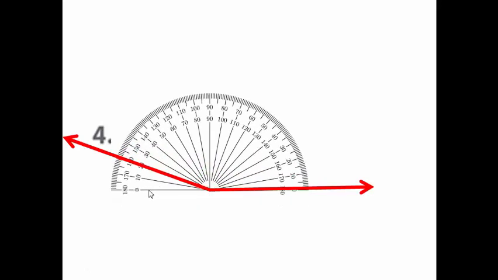I put the protractor here, with the zero line on the first ray. Then I start to count, moving along the protractor until you reach the second ray.